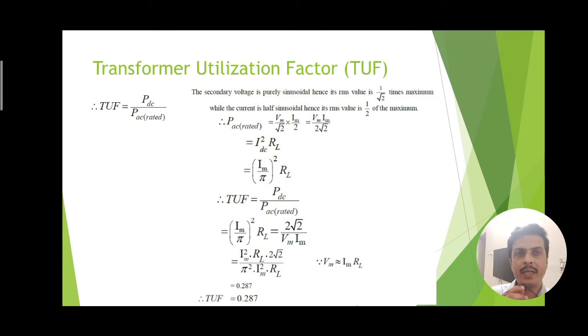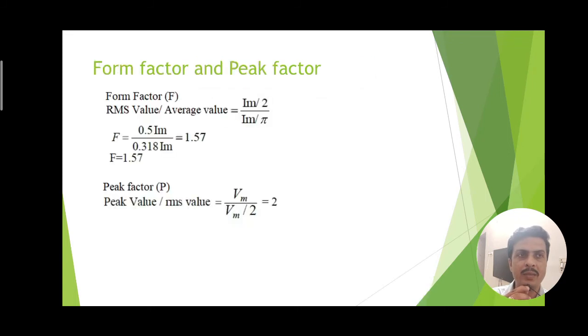Therefore, AC rated power can be given as the RMS voltage multiplied by the RMS current. So it is Vm by root 2 multiplied by Im by 2. So the transformer utilization factor can be derived as the ratio of the DC output power to the AC rated power, and it is 0.287 for the half wave rectifier.